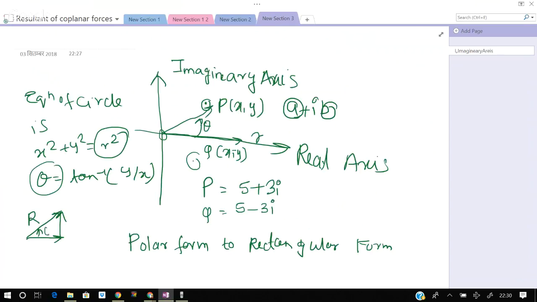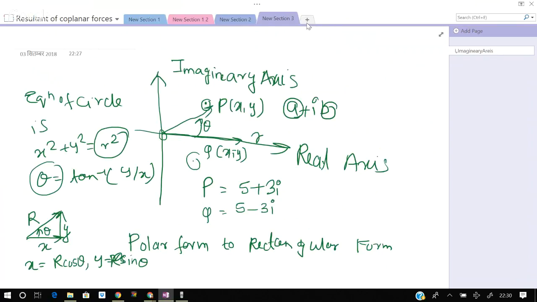With respect to the horizontal axis, we'll consider theta. This is y and x. So we'll get x is equal to r cos theta and y is equal to r sin theta. So we have gone between two forms over here.